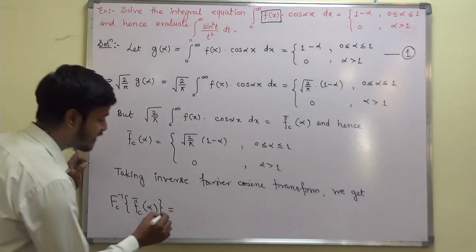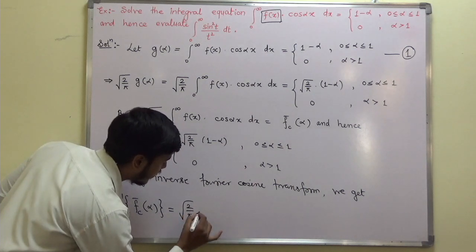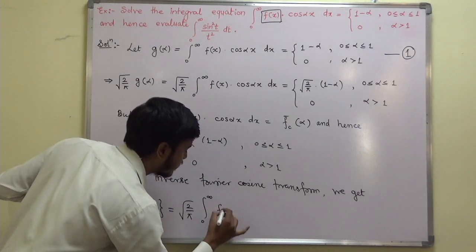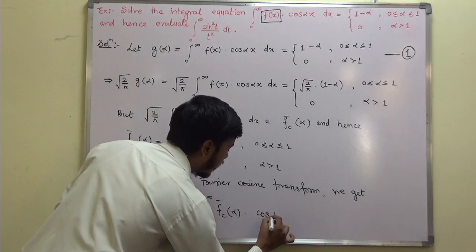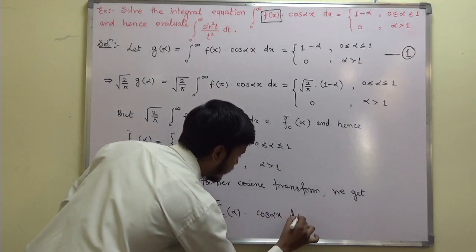First of all I will write it as under root 2 by pi integration 0 to infinity Fc bar of alpha into cos alpha x d alpha.